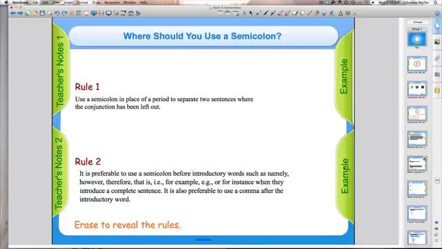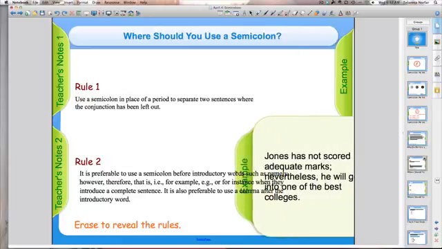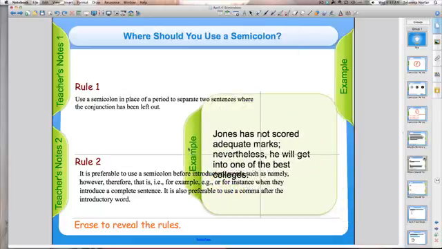It is preferable to use a comma after the introductory word. So, for instance, here is one. Jones has not scored adequate marks; nevertheless, he will get into one of the best colleges.